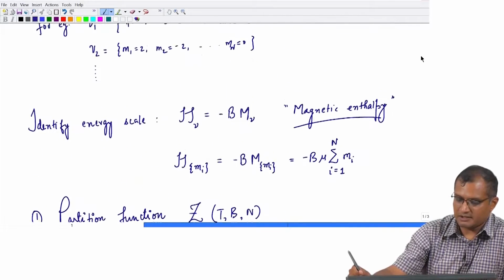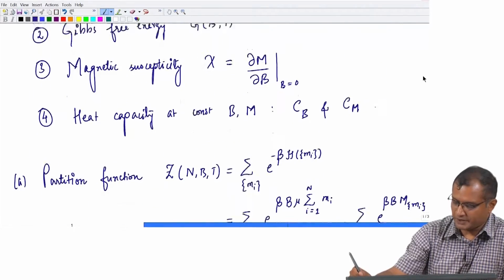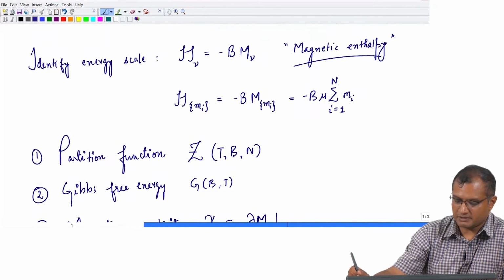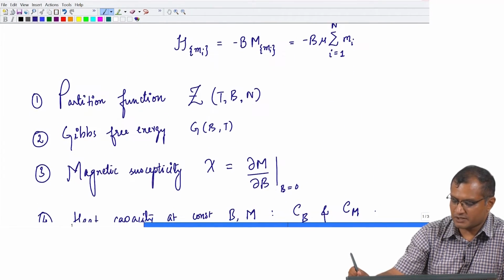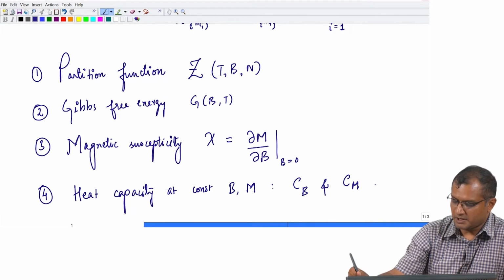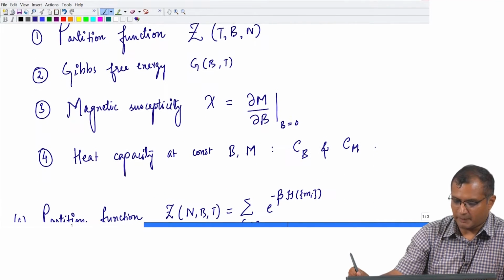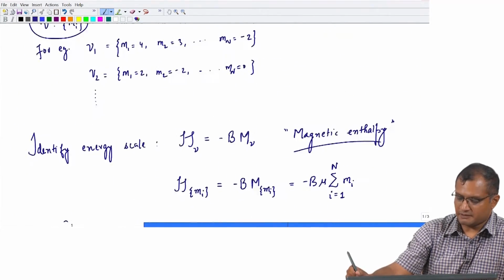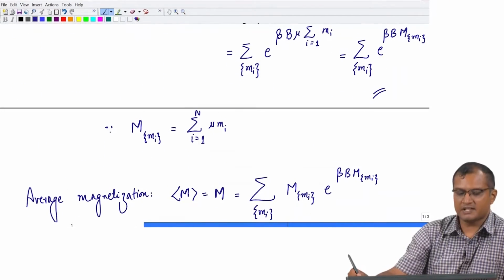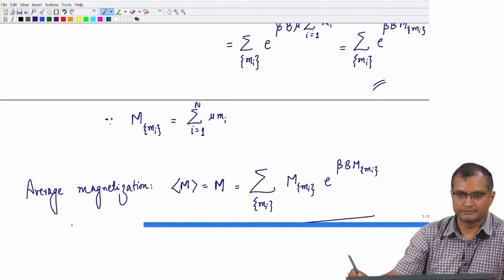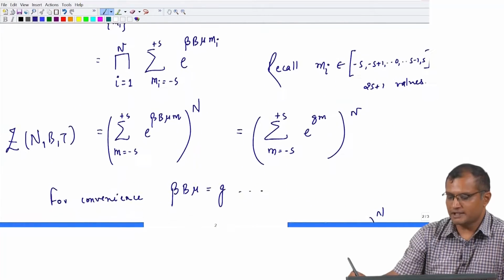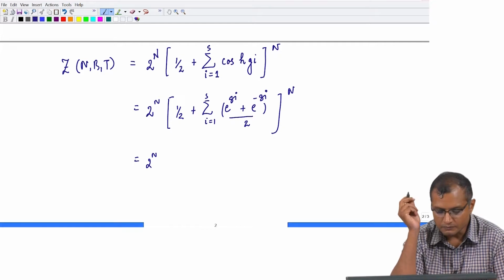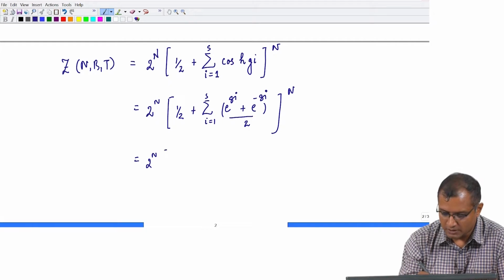So, we are taking a field which is small enough, and for small enough fields I want all these quantities to be computed: partition function, G, susceptibility, and heat capacity. Okay. So, let us try to compute this partition function in the limit of small field. Otherwise, I have to retain all terms in the summation, but if the field is small, then we can certainly do better.